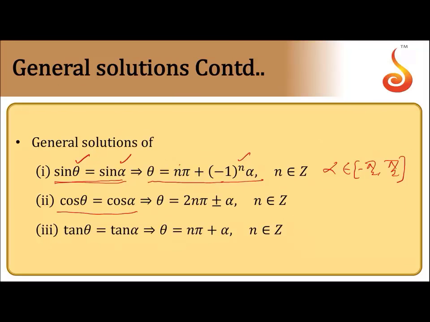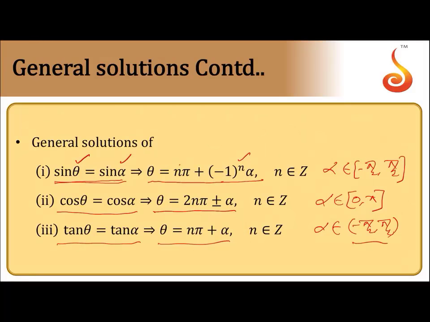And cos theta equals cos alpha implies theta equals 2n pi plus alpha, where alpha belongs to the interval 0 to pi. Whereas tan theta equals tan alpha, then theta equals n pi plus alpha, where alpha belongs to the open interval minus pi by 2 to plus pi by 2. These are the principal intervals of the corresponding alpha values.